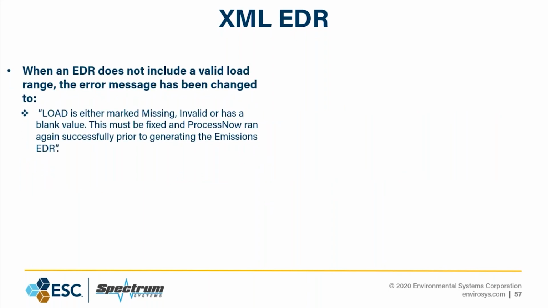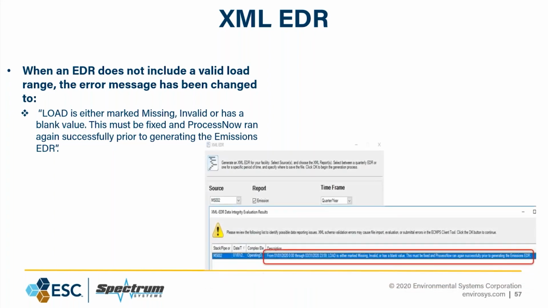And for the last bug of the XML EDR, when an EDR does not include a valid load range, the error message has been changed to clearly state load is either marked missing, invalid, or has a blank value. This must be fixed, and the process run again successfully prior to generating the emissions EDR.